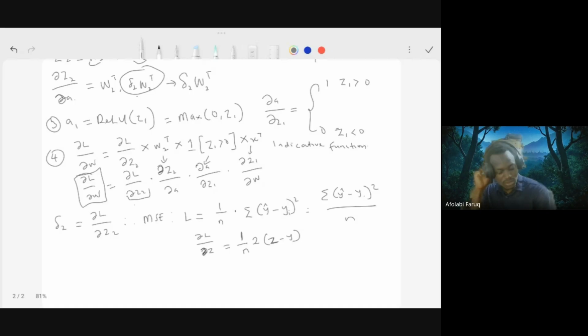So at the end of the day, we have 2 over n times (z minus y). That is the first derivative, and that's what it gives us.